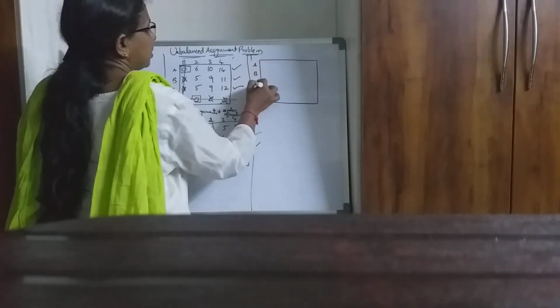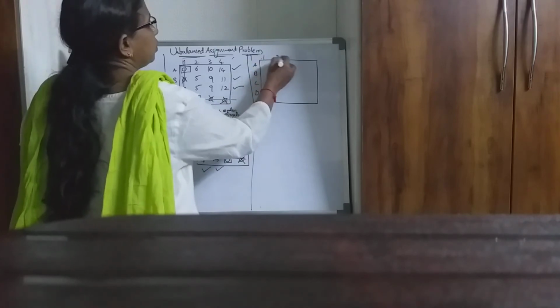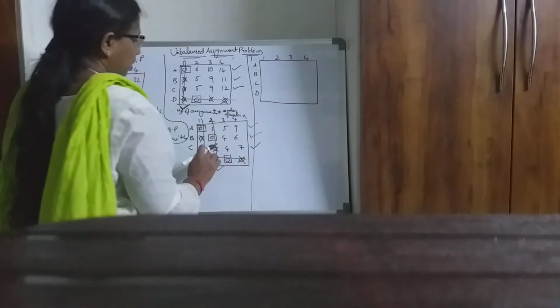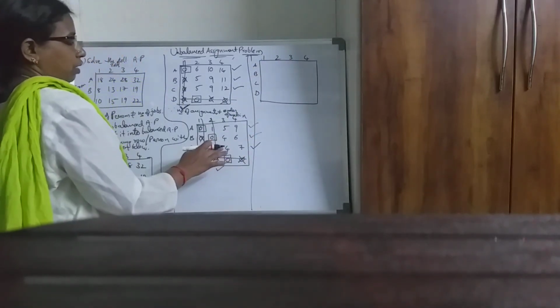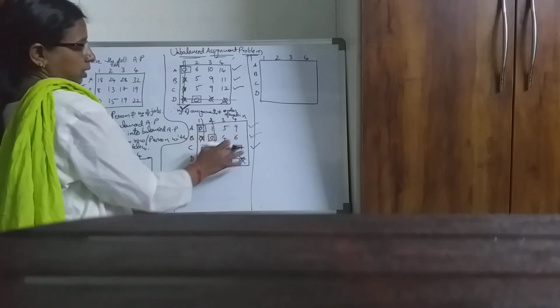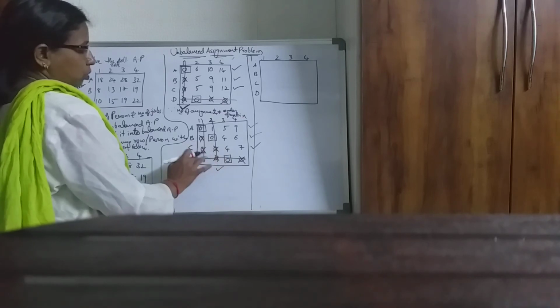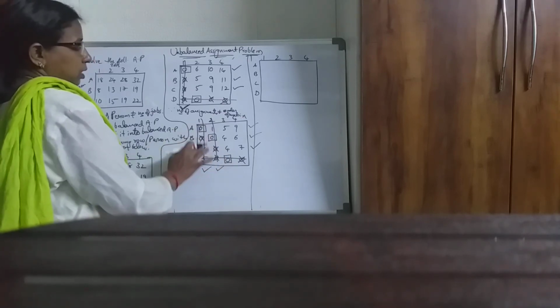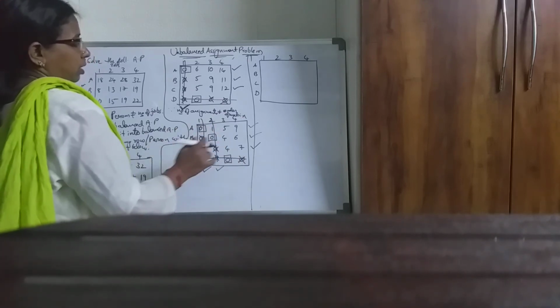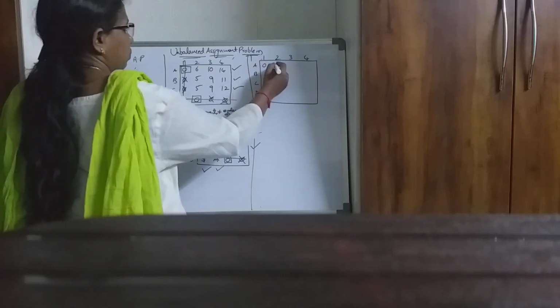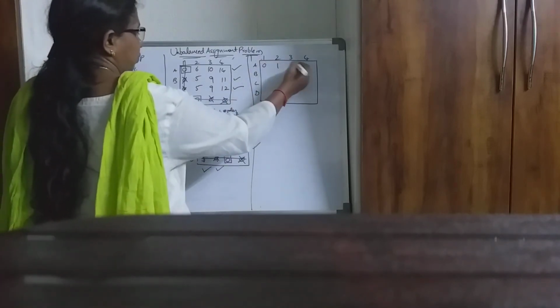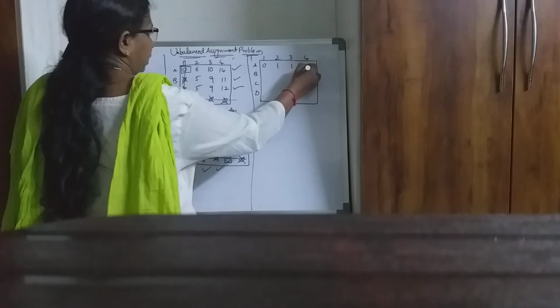Rows A, B, C, D and columns 1, 2, 3 and 4. So 4 is the minimum. You have to subtract this 4 from these 6 elements which don't have any line. Add this 4 to the elements which have 2 lines. And leave as they are the other elements which have only 1 line. So first row: 0 as it is, 1 as it is, 5 minus 4, 1, 9 minus 4, 5.